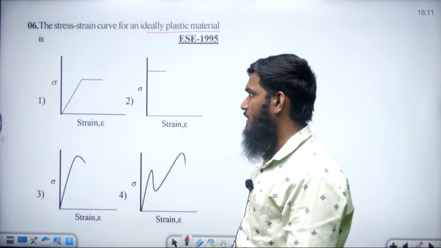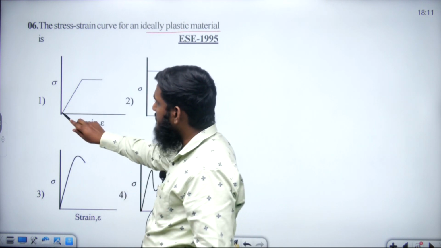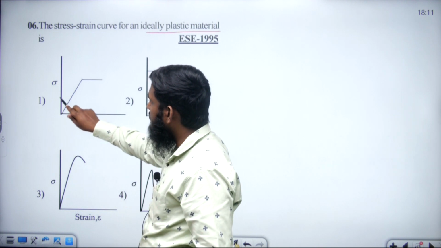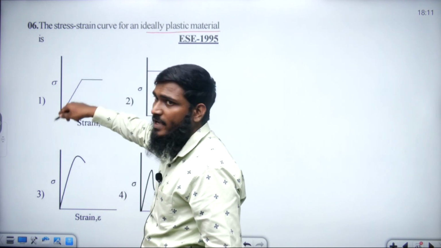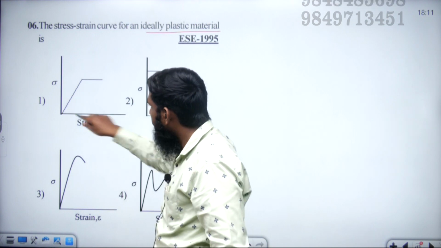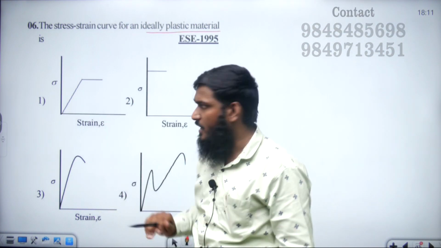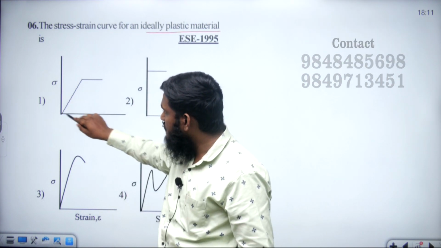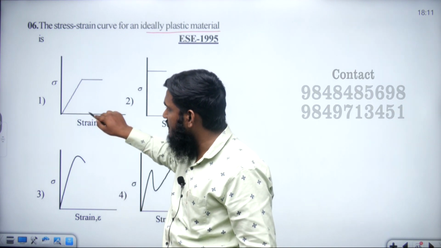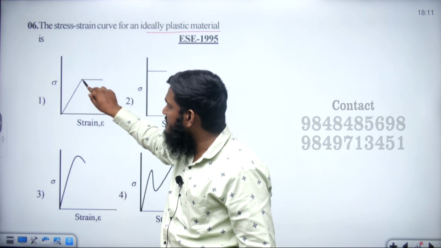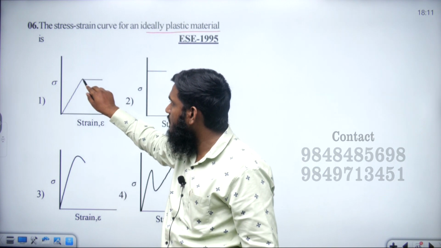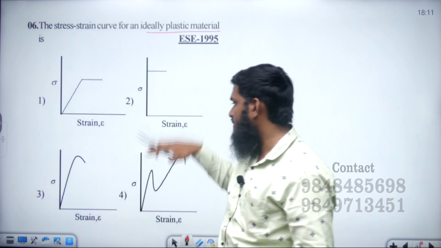If you have only strain, only deformation, then that comes under plastic material. Okay. Over here, the y axis we have taken as stress, and the x axis as strain. Whenever the stress is increasing, strain is also increasing. But after some point, the strain maintains some constant level.